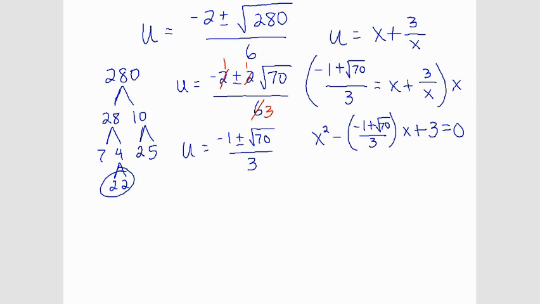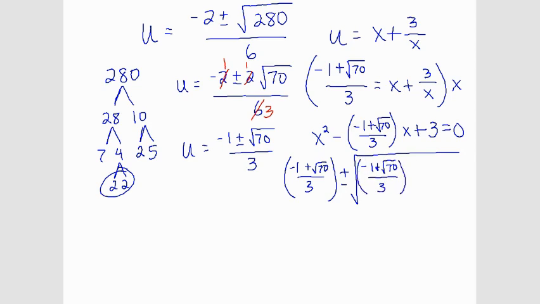Our b value is just a positive 1, negative 1, plus root 70 over 3, plus or minus the square root of negative 1 plus root 70 over 3 quantity squared minus 4 times 1 times 3, all over 2 times 1. Let's go ahead and do a very quick calculation montage.